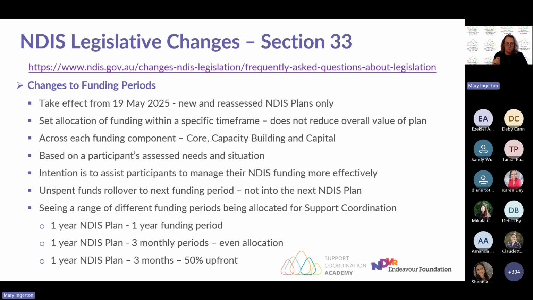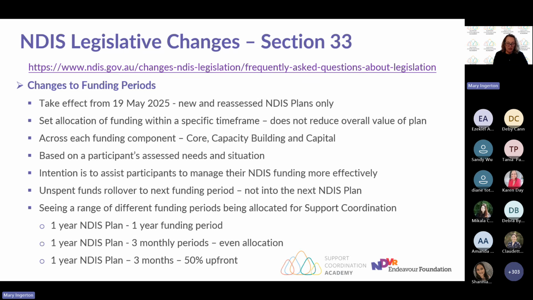The NDIS have referred to 3 monthly funding periods in their communications. However, we're starting to see a range of different funding period arrangements in relation to support coordination being allocated on a participant's NDIS plan. Some examples of these are a 1-year plan with a 1-year funding period, so the funding goes across the whole year. We've seen a 1-year plan with 3-month funding instalments with equal allocations across each instalment.